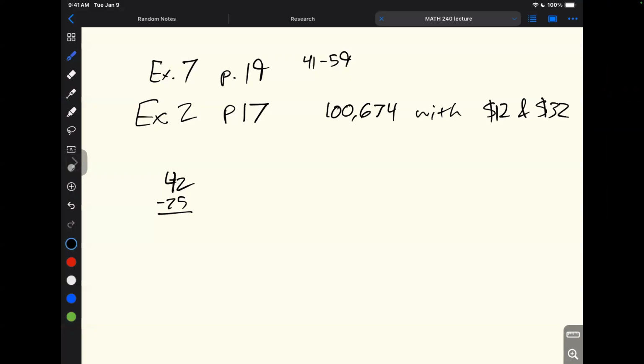Minus 25 is 17. And then 42 minus 50 is -8. And you square that and you get 64. And so your resultant number is 1764.